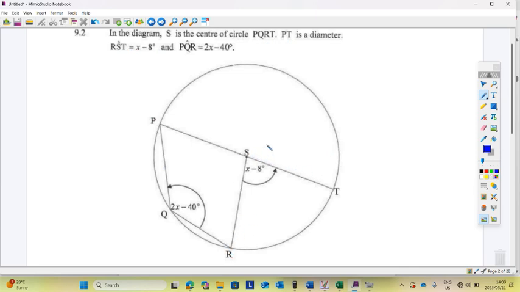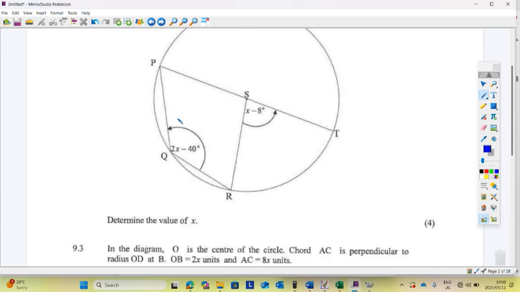RST, this angle here is equal to x minus 8 degrees. And then PQR is equal to 2x minus 40. Here's our 2x minus 40. And for this diagram, you are supposed to determine the value of x.